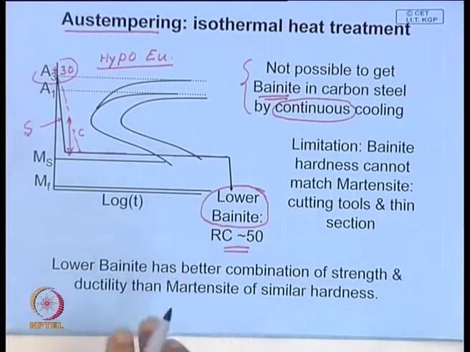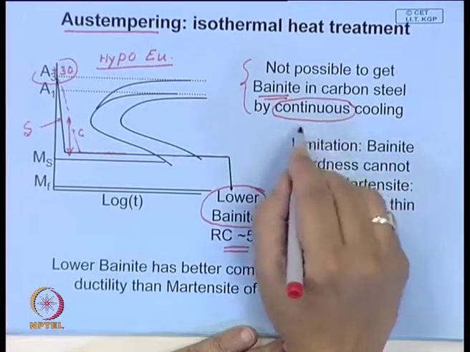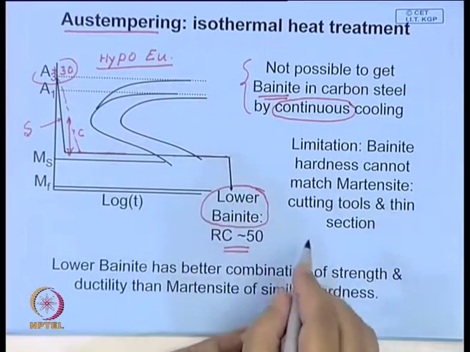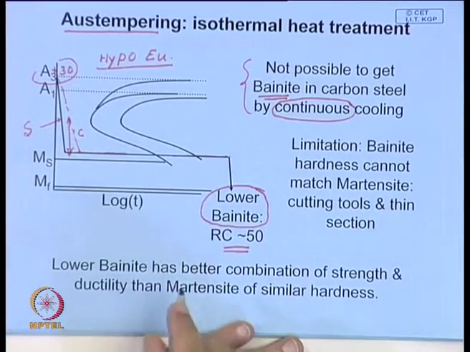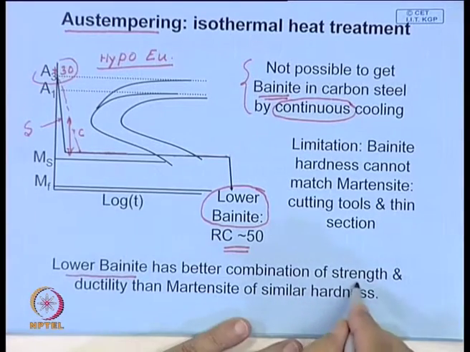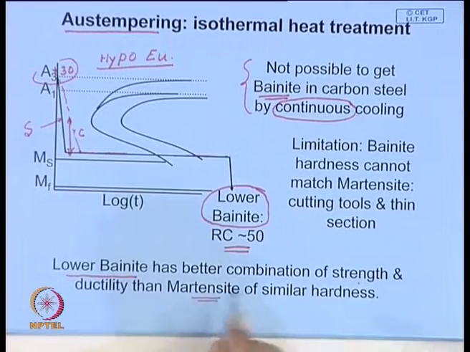So, that means for a low cost material, if you can give this kind of heat treatment, its properties are excellent, and in fact, this lower bainite in certain cases has a better combination of strength and ductility than martensite of similar hardness.